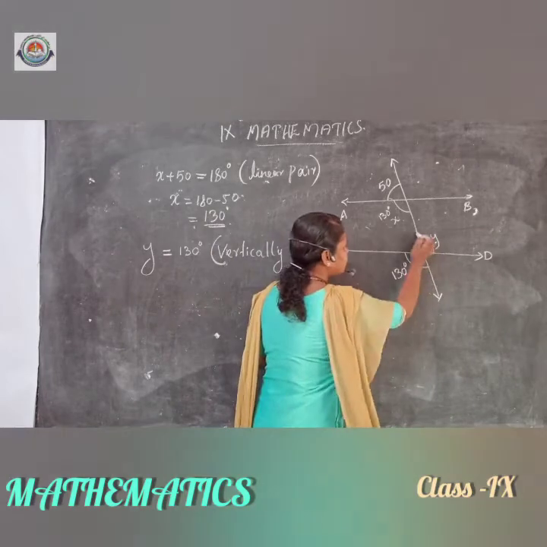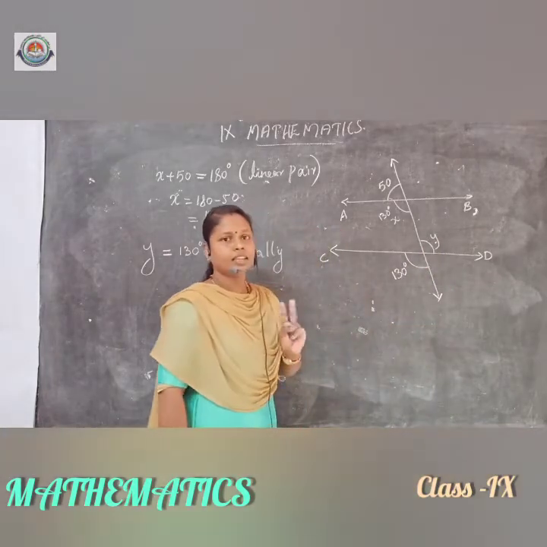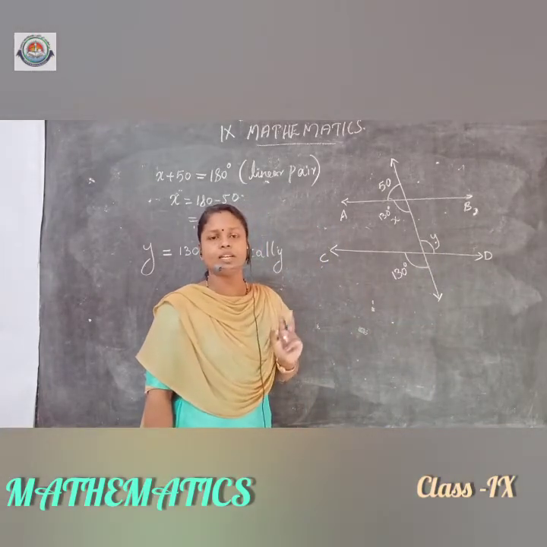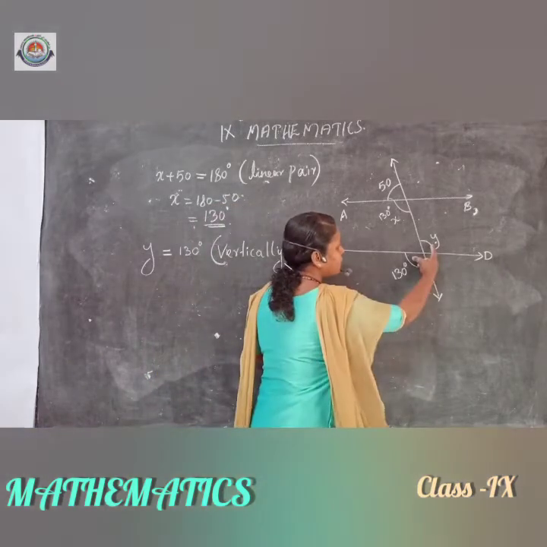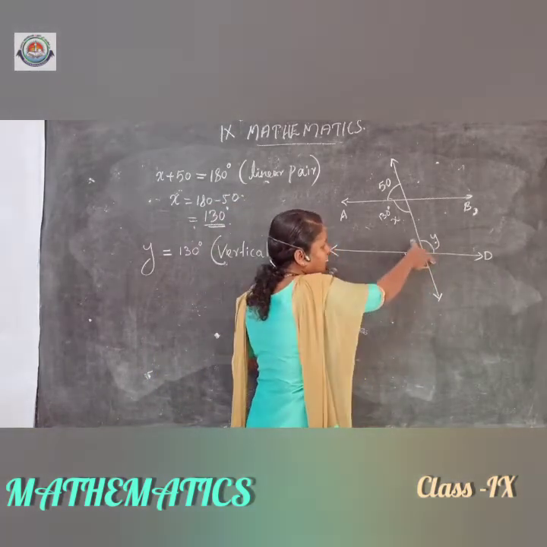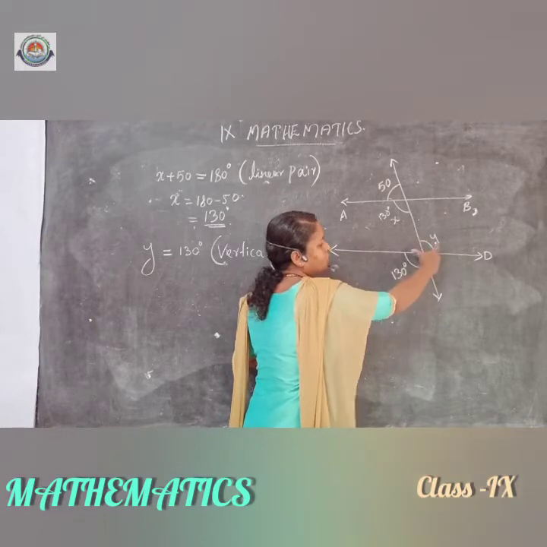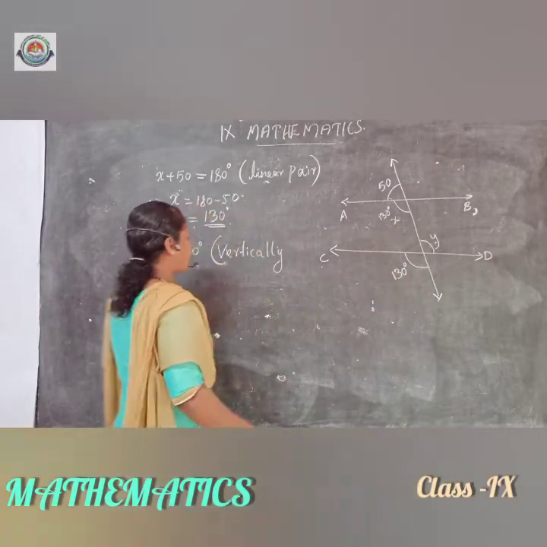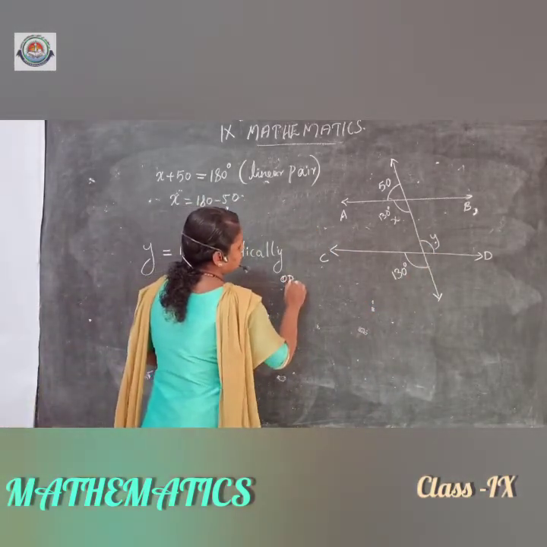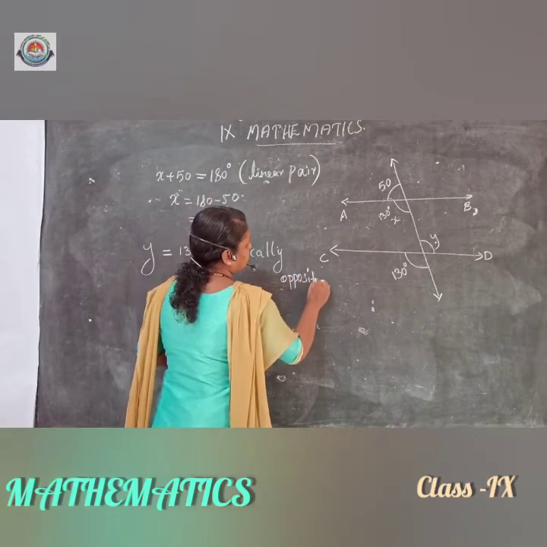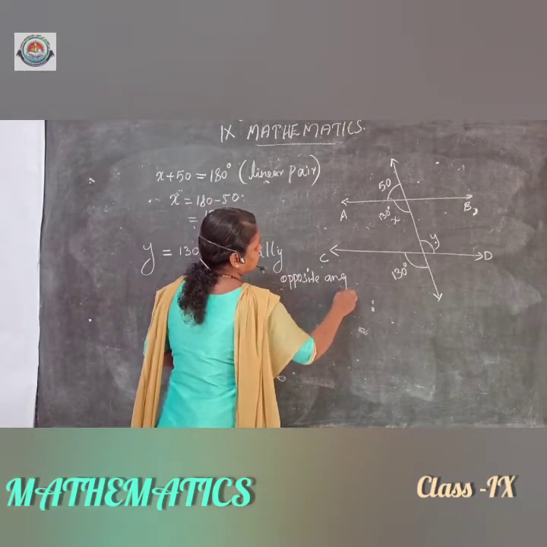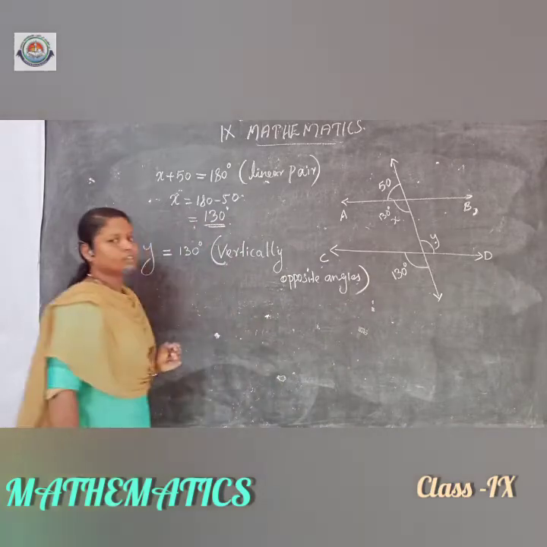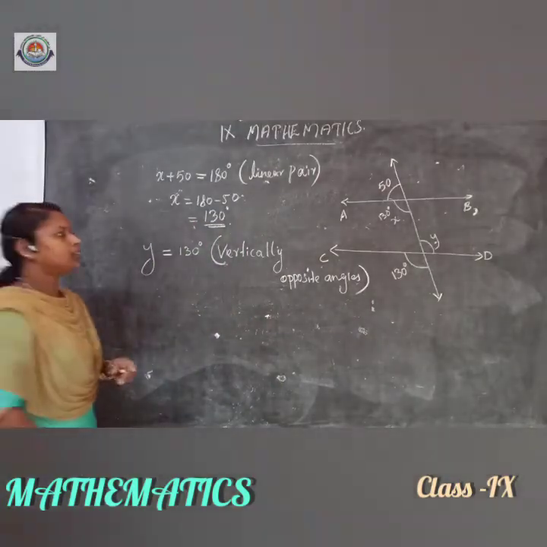If these two lines are intersecting each other, then there will be two pairs of vertically opposite angles. One pair is these two angles and another pair is this one. So vertically opposite angles. y equals 130 degree.